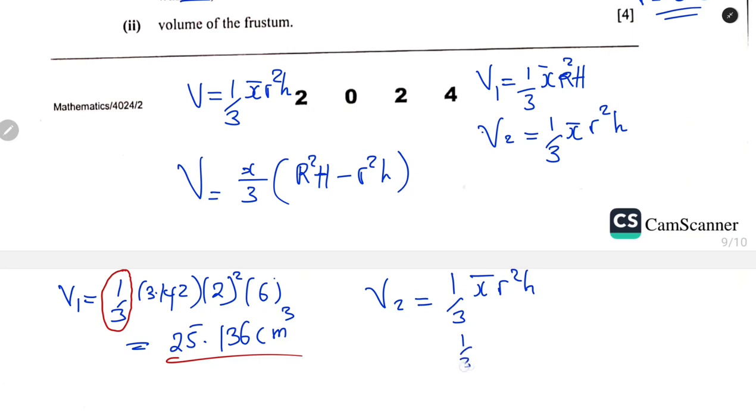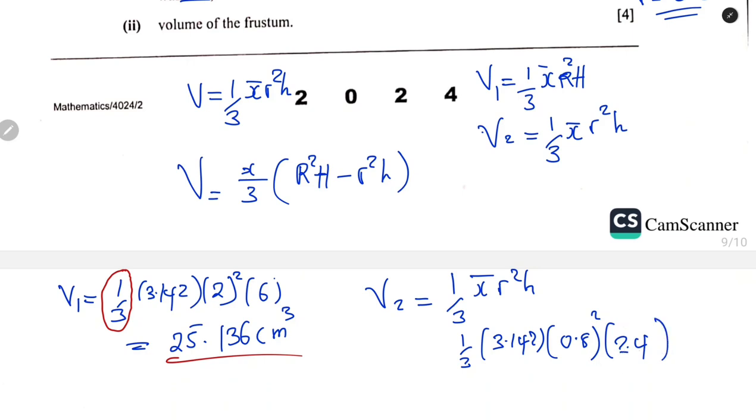So 1 over 3 multiplied by 3.142 multiplied by the small radius, 0.8 square, then the small height 2.4.